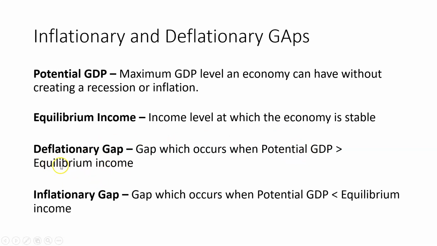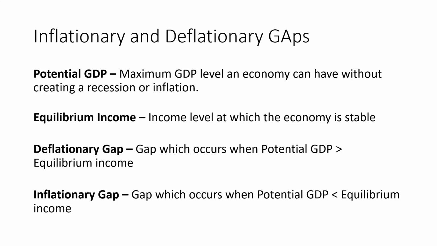So the economy has come to rest below your potential. Guess what? You're under your production possibility curve. An inflationary gap, the other side of the coin, occurs when your potential GDP is less than your equilibrium income. What's happening here is demand is so much greater than supply, you are causing prices to rise rapidly.